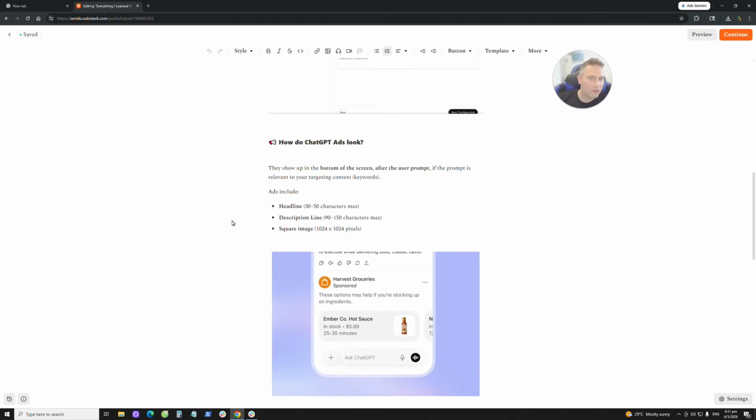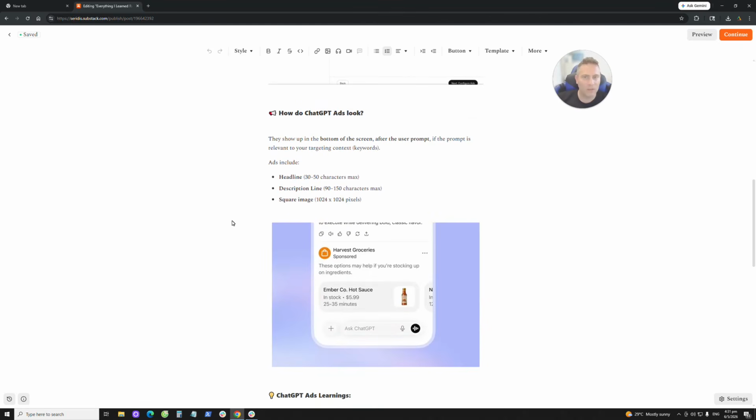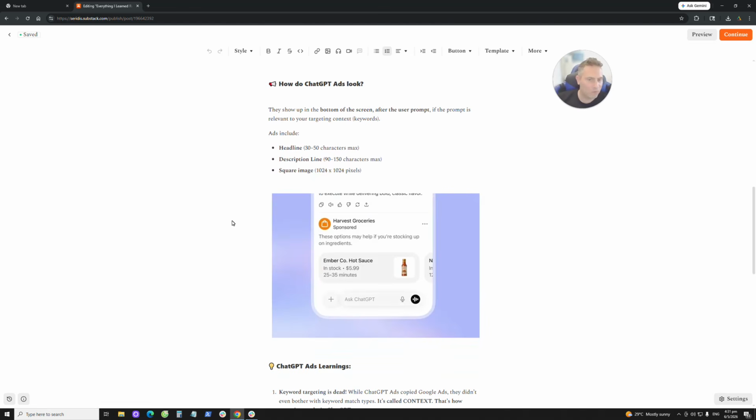And now let's actually go into how ChatGPT ads look like. If you are not based in US, Canada, Australia, or New Zealand, probably you haven't seen an ad in ChatGPT yet. So this is how they look like. There is basically a headline, a description line, and a small square image. The headline is around 30 to 50 characters maximum. The description line is from 90 to 150 characters.